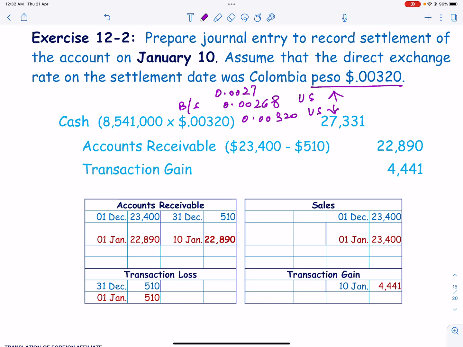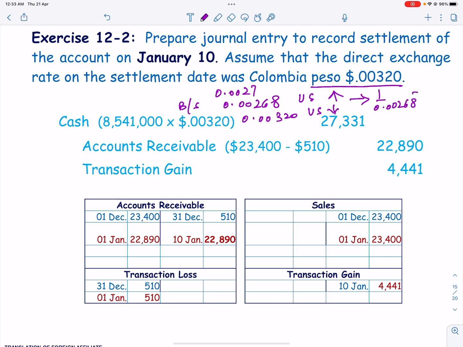So on the transaction date, the rate was 365 pesos for $1. On the balance sheet date, we can convert this if you want as an indirect exchange rate. So on the balance sheet date, this will be 1 divided by 0.00268.